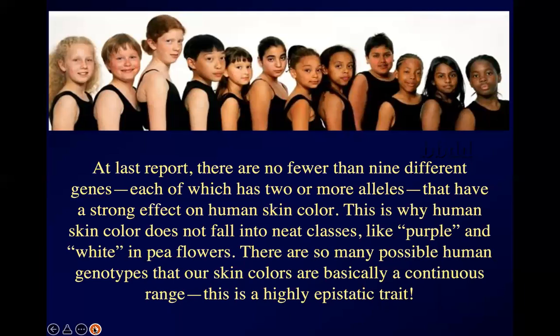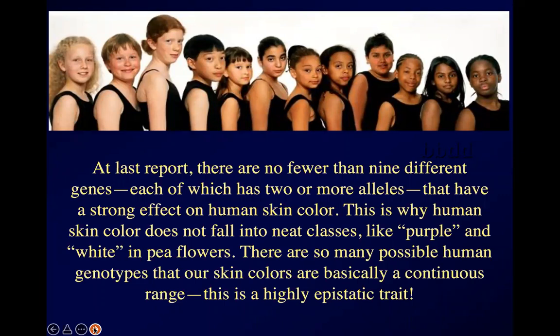We go from pasty flesh goth all the way to deep mahogany, and most of us are on a continuum in between those extremes. We don't really come in nice, neat skin color classes the way that pea plants come in either purple or white. The reason is that there's a huge number of possible human genotypes just for the genes affecting skin color, and these genes interact with each other and affect each other in very complicated ways. Skin color is very highly epistatic.